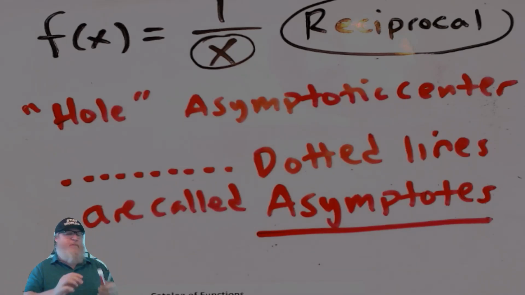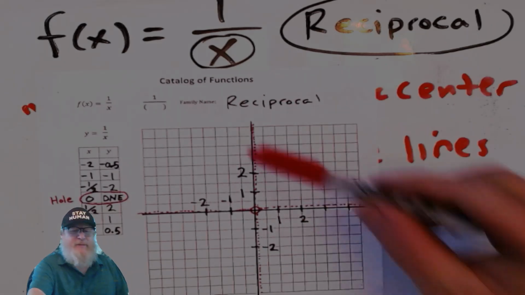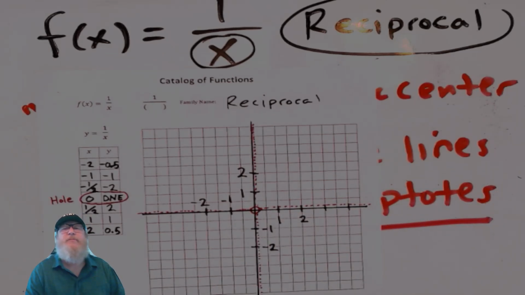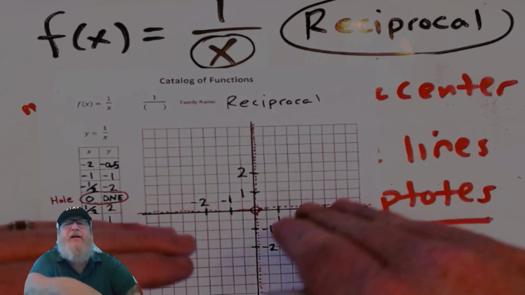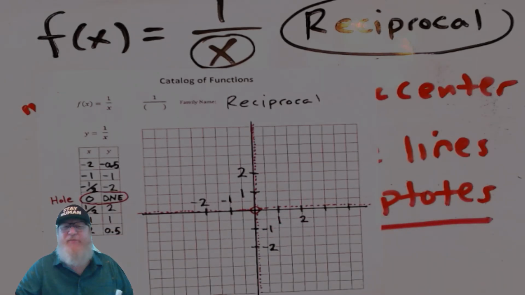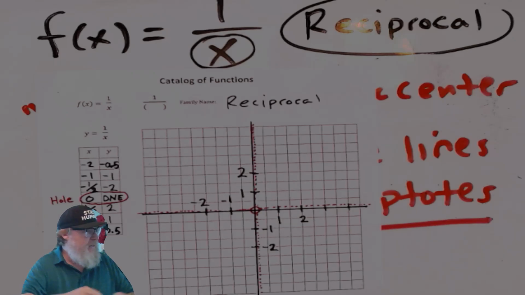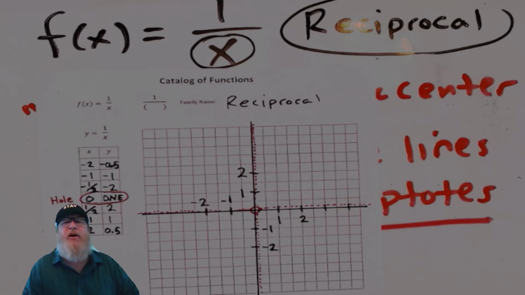I did my best with my red Sharpie to illustrate the dotted lines. They're sort of right on top of the axes, which was difficult to do because I did one of them in a red Sharpie and the other one in a black Sharpie. So in hindsight, I might have used a different color, but I already did it.